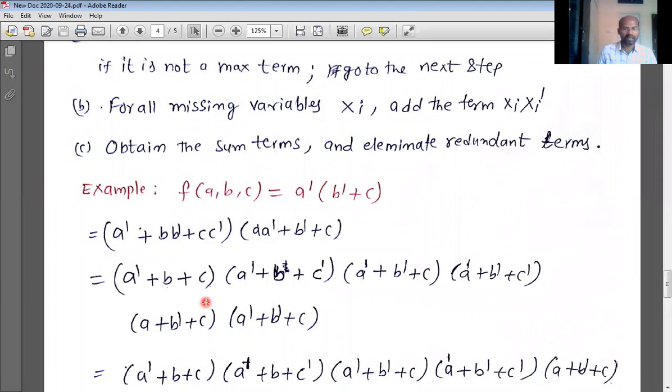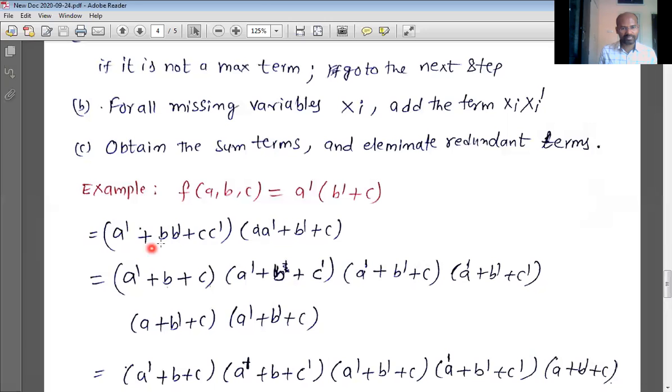Now after expanding, since there are 2 missing literals, we get 4 max terms. This is 1st, this is 2nd, this is 3rd, this is 4th. If we expand this by using distributive law, let's see what they are.